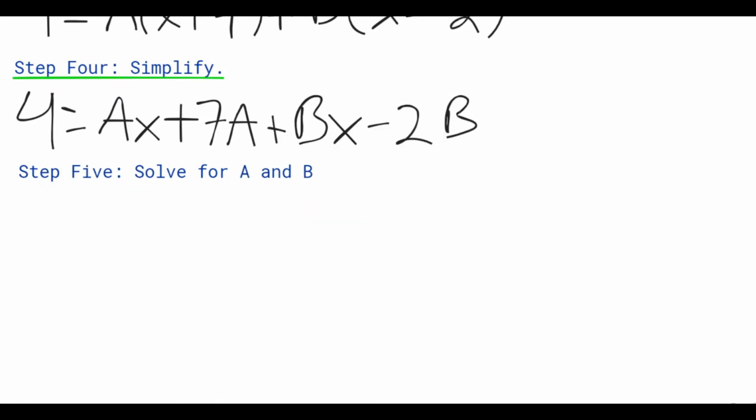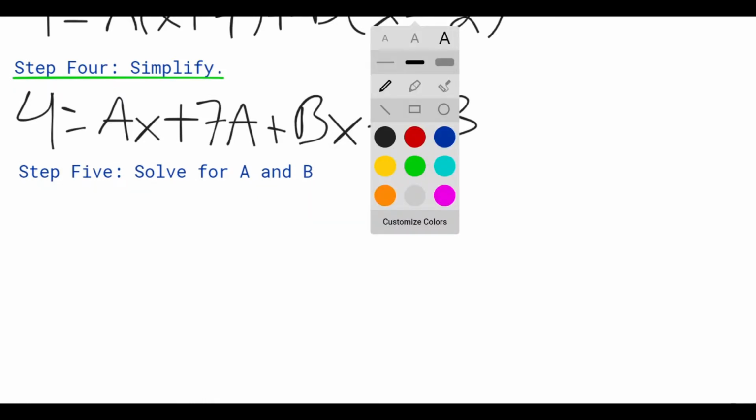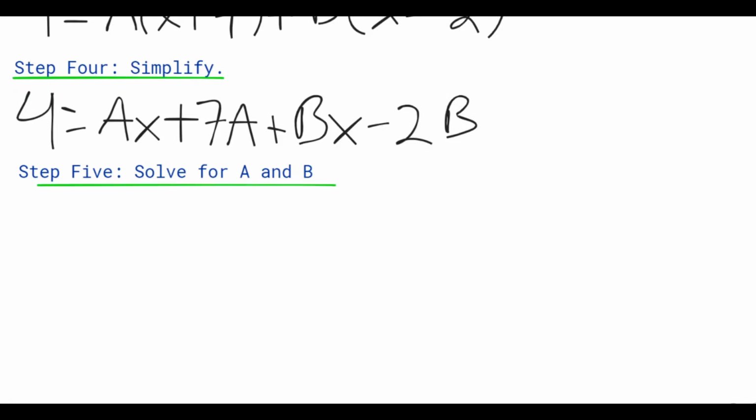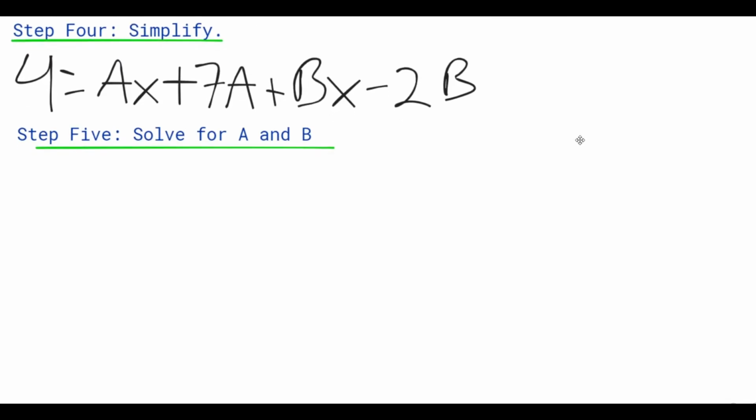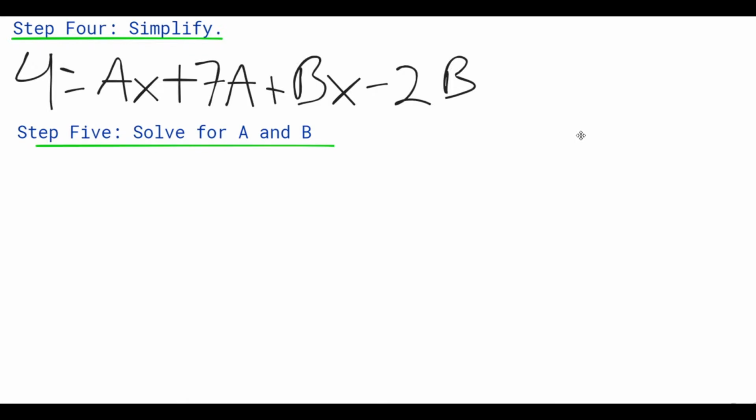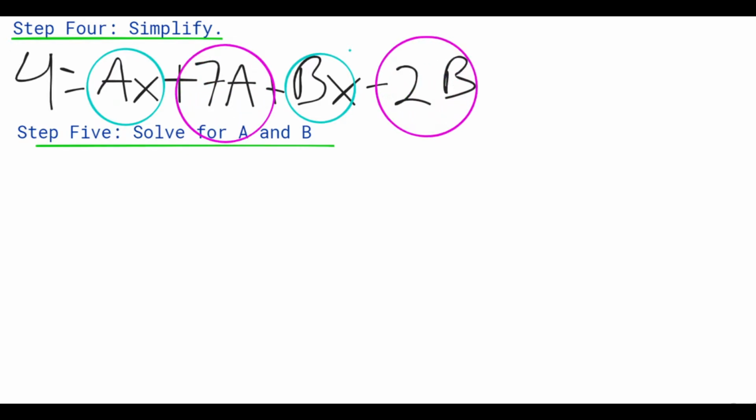And we do this by setting up a system of equations. Notice how we have ax and bx, and then notice how we have 7a and negative 2b without the x term.